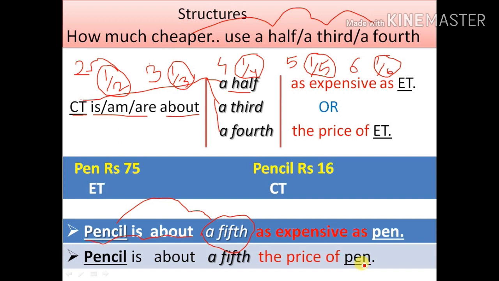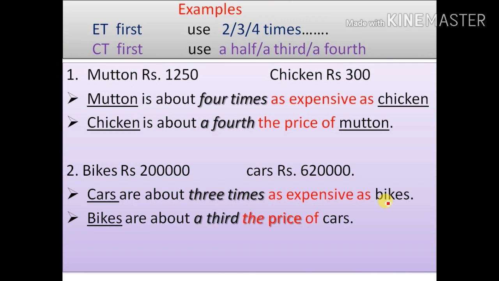I think you understood it. If you use the cheap thing in the beginning, you have to use a half, a third, a fourth, a fifth, a sixth, instead of 2 times, 3 times, 4 times, or 5 times. So copy this structure. It will obviously help you to make comparison. Okay, let's see 2 examples.